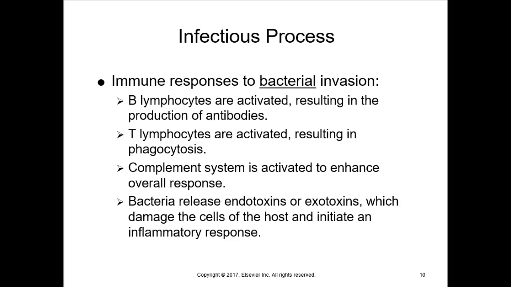And so the T lymphocytes are then also activated, and they result in the phagocytes, and they're like those little Pac-Man guys that go around and try to eat up all the infection. And then we have what we call the complement system, and this is going to be activated, and it's going to help our whole response system.